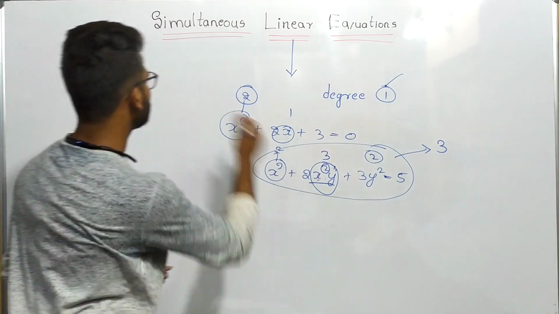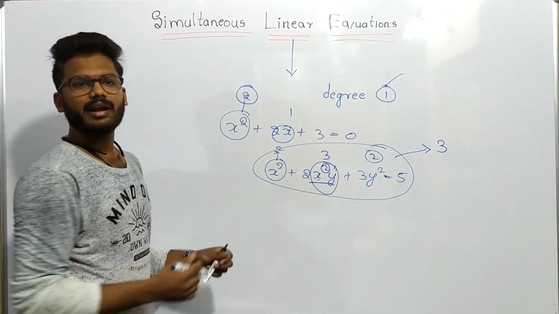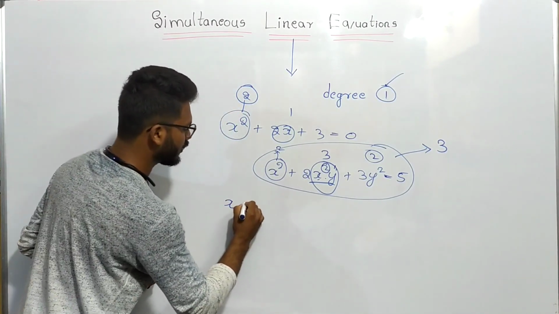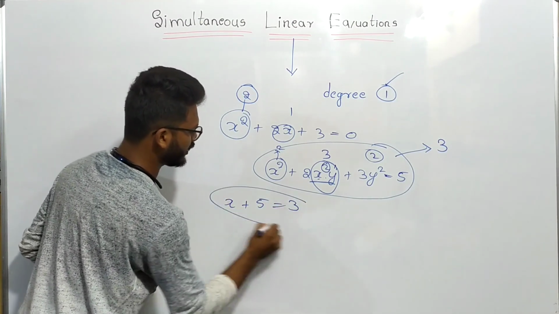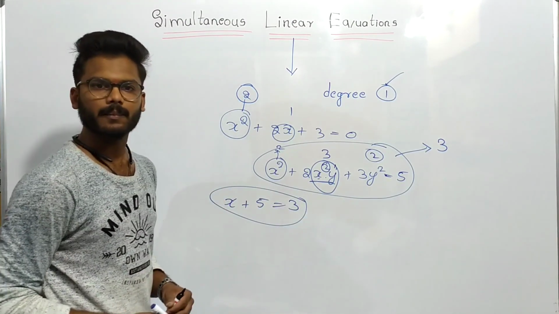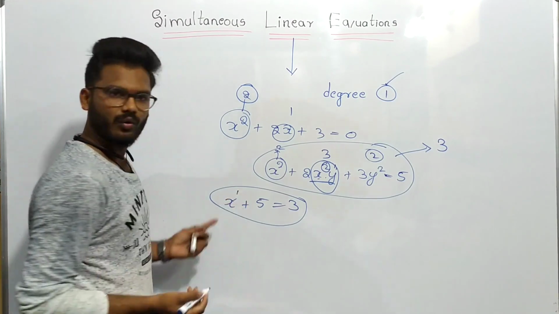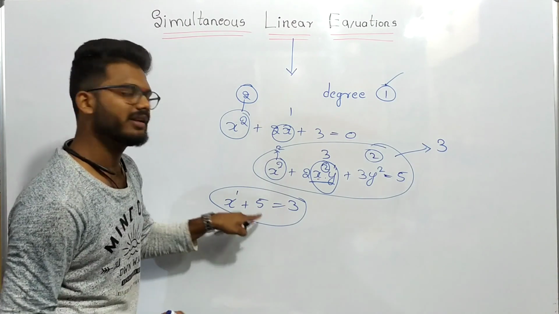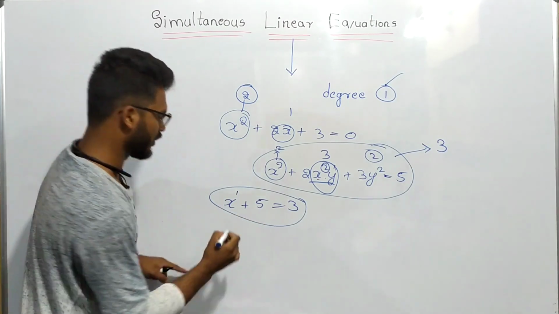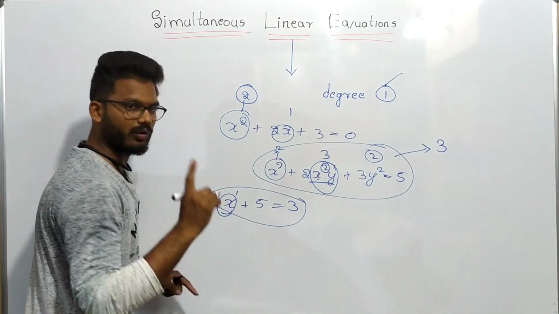Now see here, can I say x plus 5 is equal to 3 is a linear equation? What is the degree here? 1. So it is a linear equation, but it is a linear equation in a single variable, only one variable.